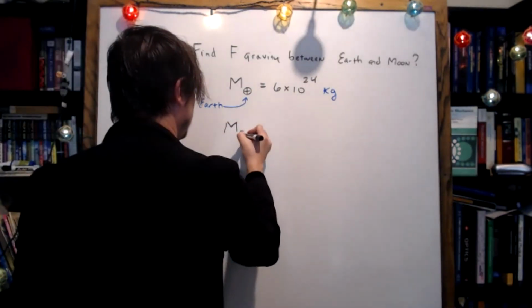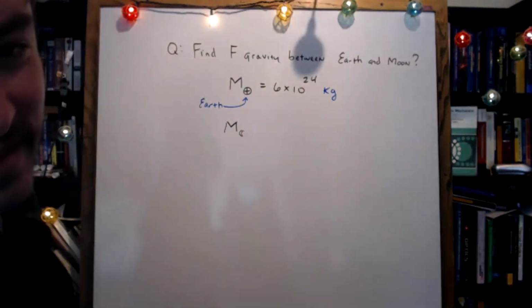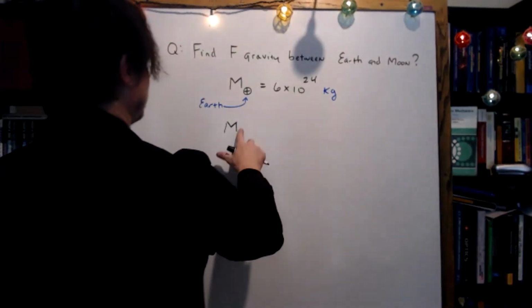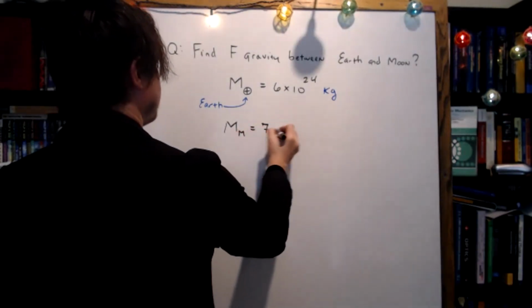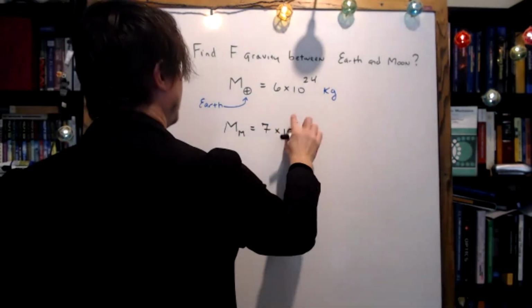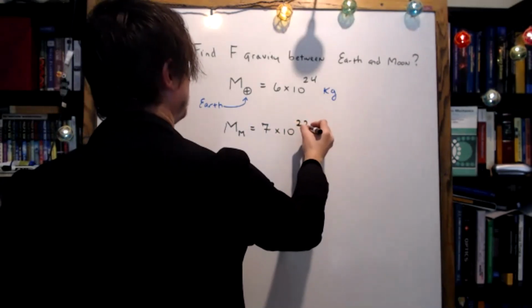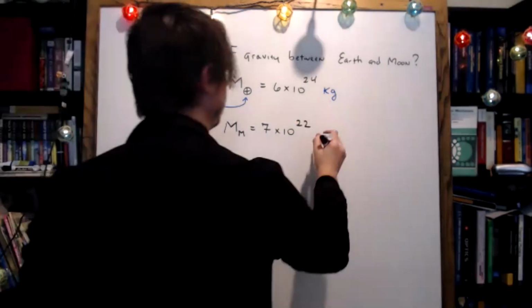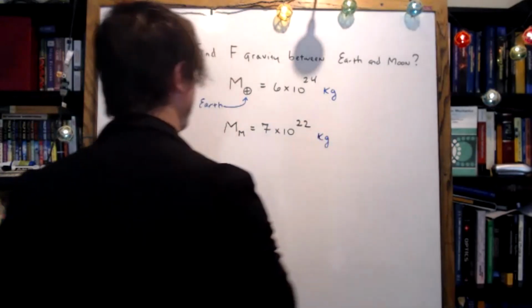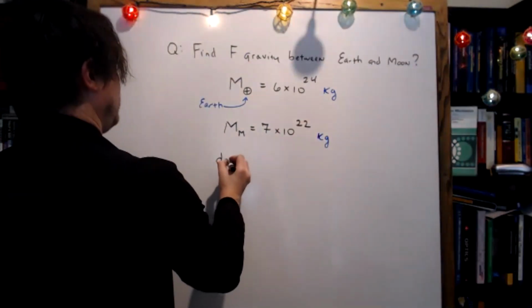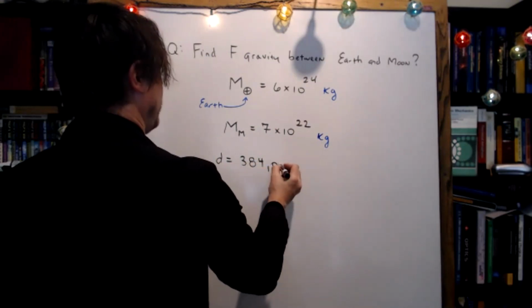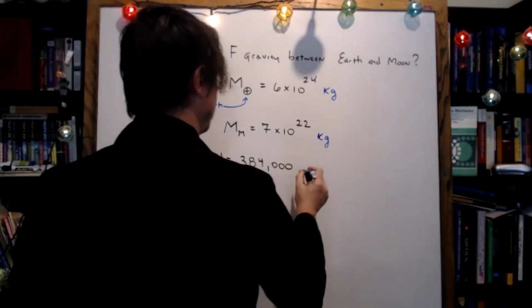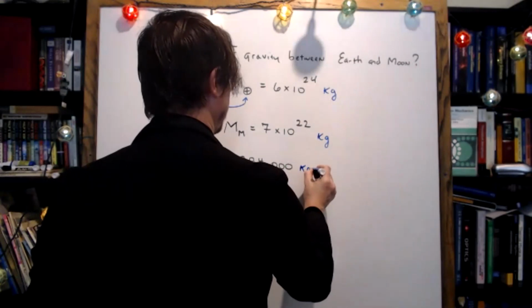So usually what I just do is write mass subscript m for the mass of the moon. That's 7 times 10 to the 22 kilograms. And if you ask Neil Armstrong, the distance to the moon is 384,000 kilometers.